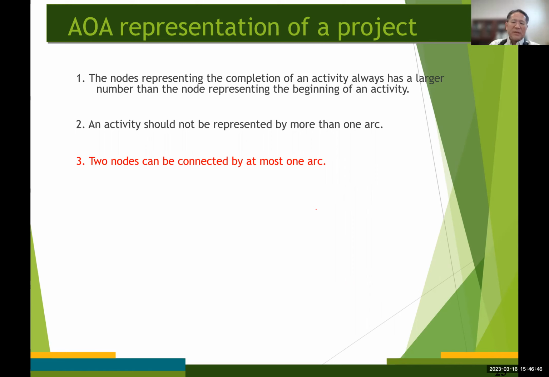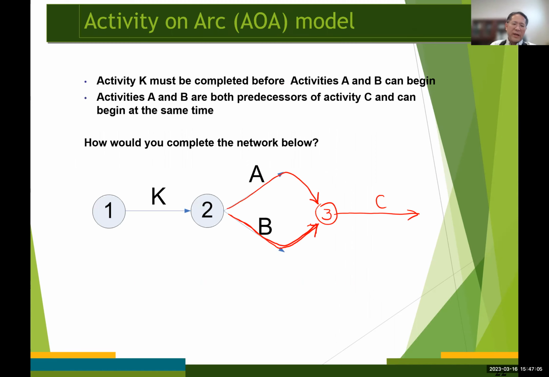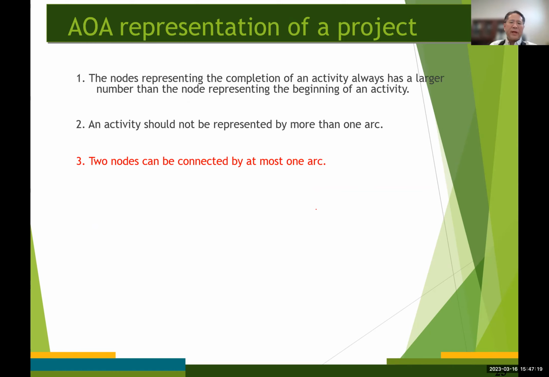In the absence of the last rule, that two nodes in the network diagram can be connected by at most 1 arc, this network diagram would be okay. However, nodes 2 and 3 in this case are connected by more than 1 arc, which violates rule number 3.